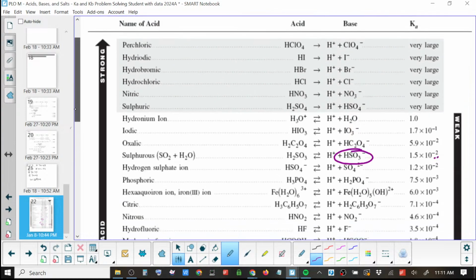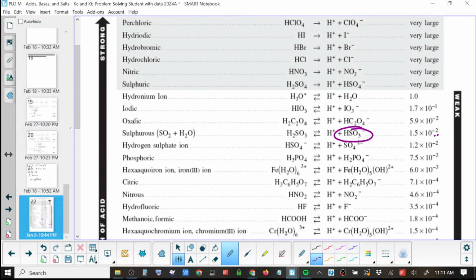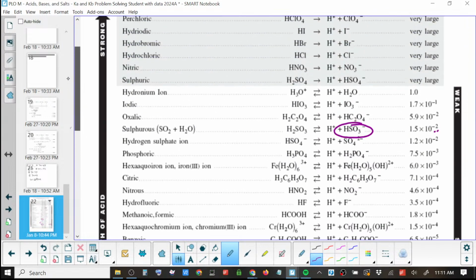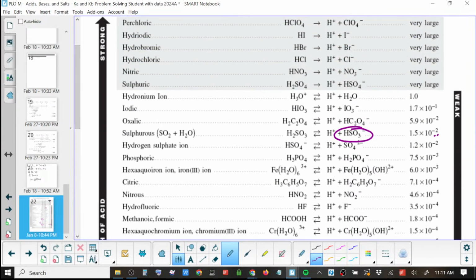However, as a general rule, until we do that, we can see that here it's HSO3 minus acting as an acid. Over here, we have it acting as a base. If this number is very, very large, then the equivalent Kb for that is going to be very, very small.